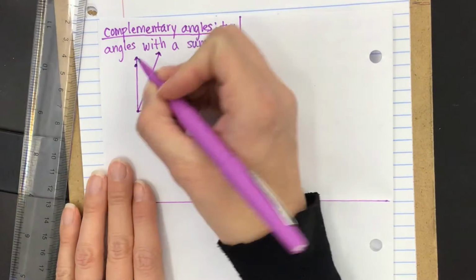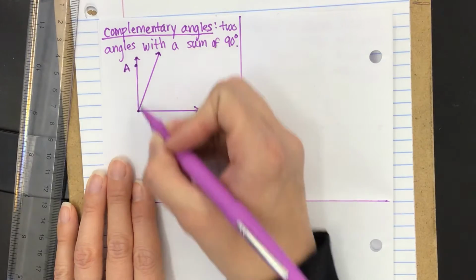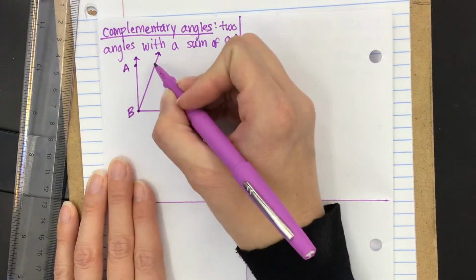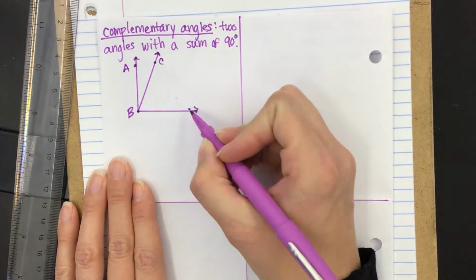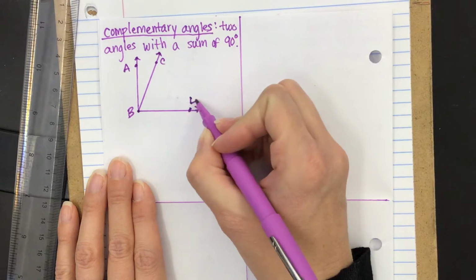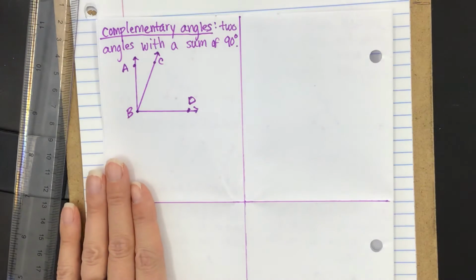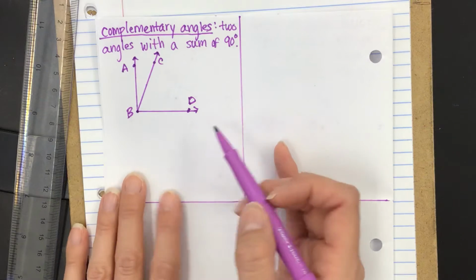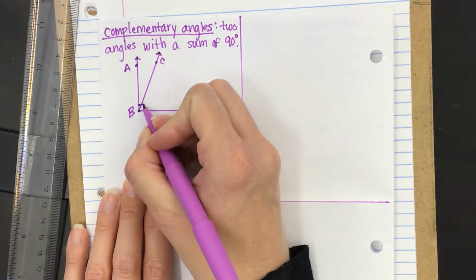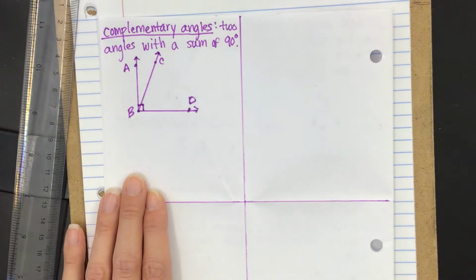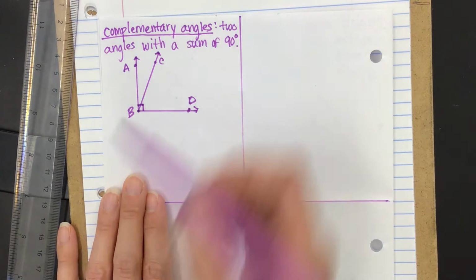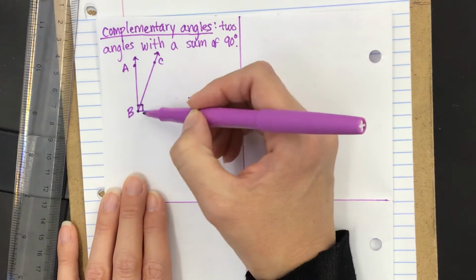And let me name this angle too. So A, B, C, D. Okay. And whenever there's that little square in the corner, you know that whole angle is 90 degrees, or I should say angle ABD is 90 degrees.